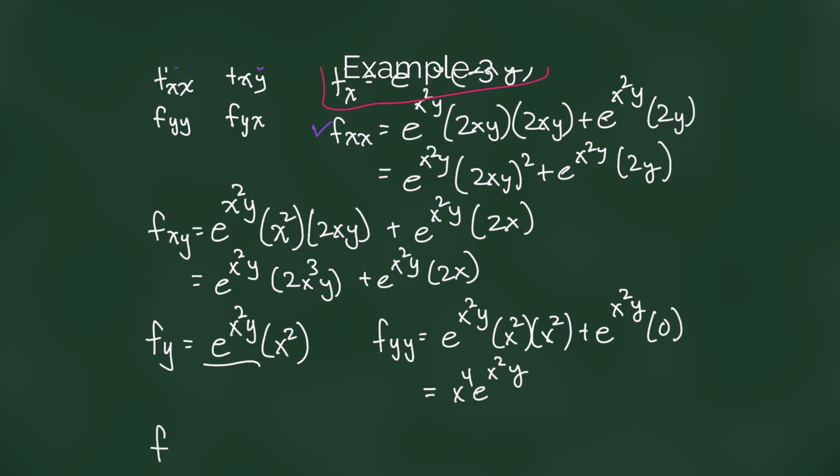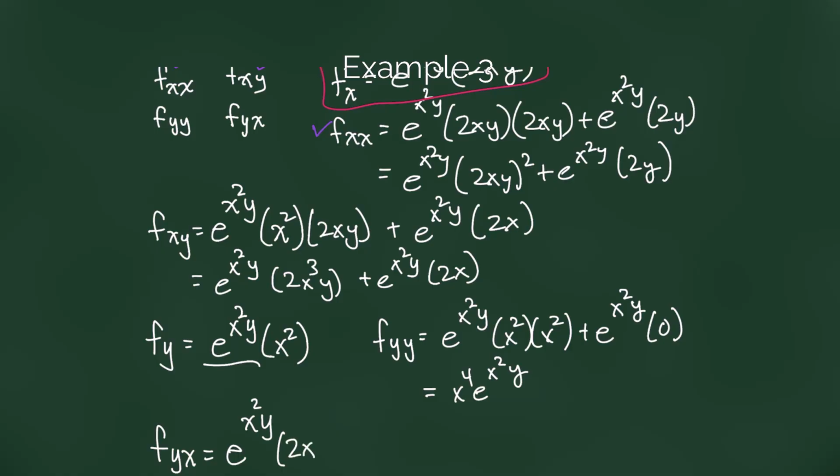Now we'll do f sub yx. So now I'm going to take the derivative of f sub y with respect to x. When I do that, again using the product rule, I get e to the x squared y, the first part of the function, or the derivative of the first part of the function. So that's e to the x squared y times the derivative of the exponent with respect to x.